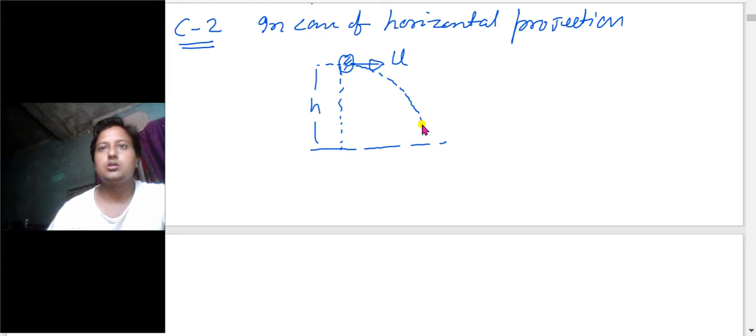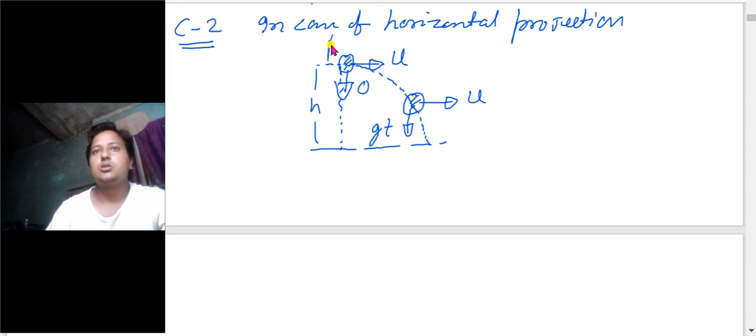So the body moves along a parabolic path. At any time t, we have two components of speed, u and gt. Here the initial vertical speed is 0.